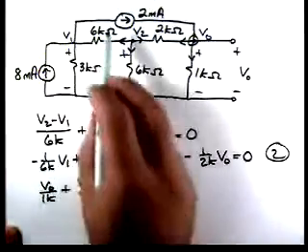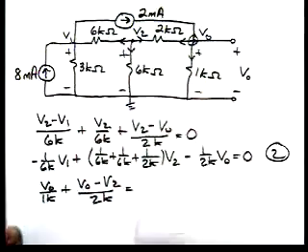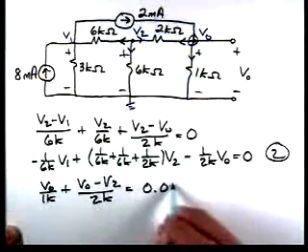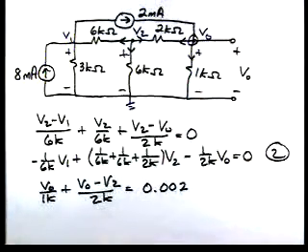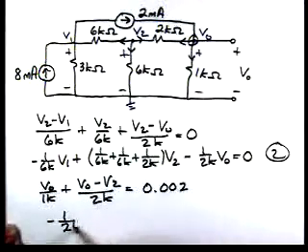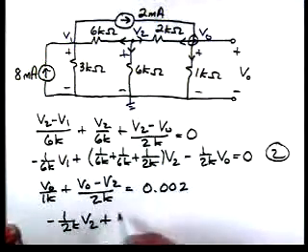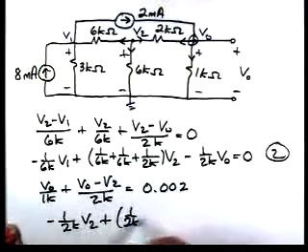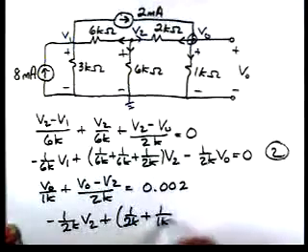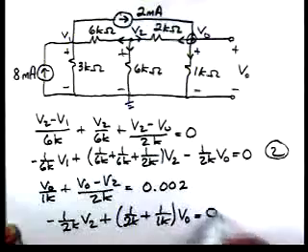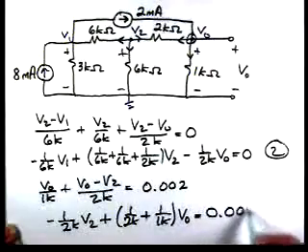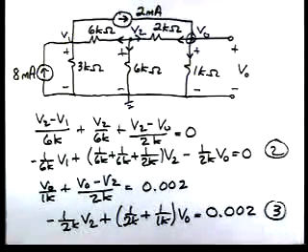And we have one current entering from the source is 2 milliamps. Okay, so then our equation becomes, so there's our two additional equations.